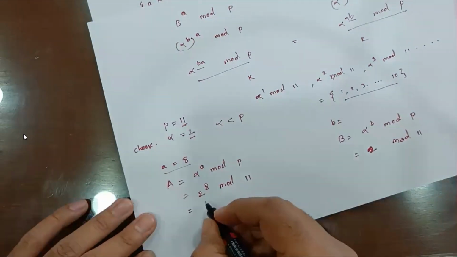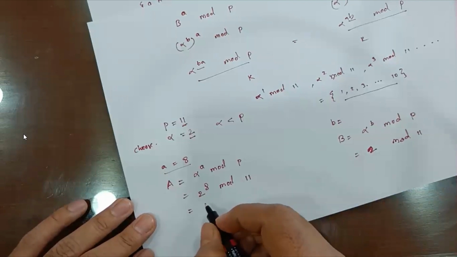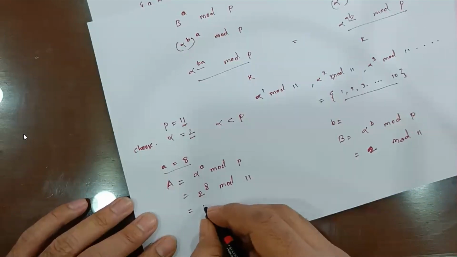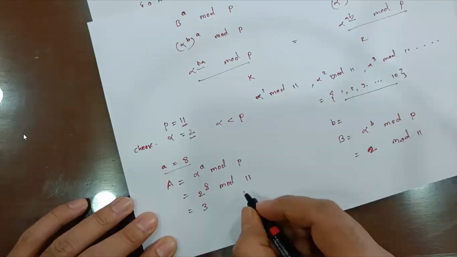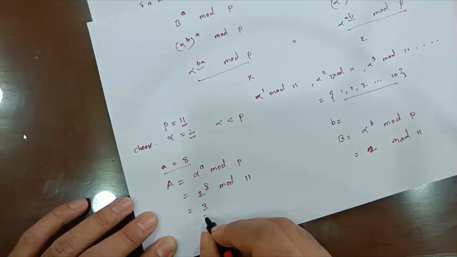Anyone? 2 raised to 8 mod 11 is 3. Okay, this capital A is 3. Everyone is getting the value 3.